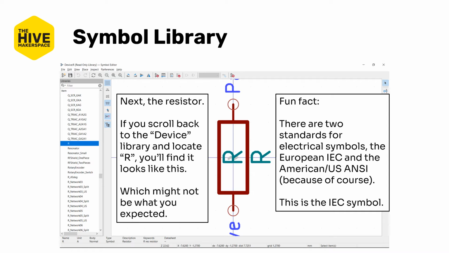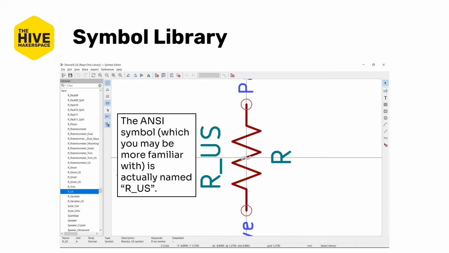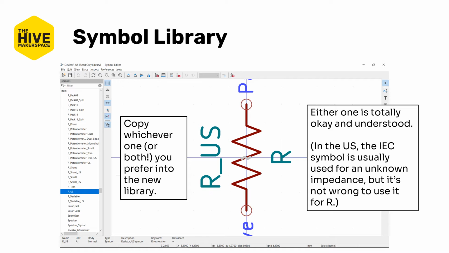This happens to be the IEC standard for resistor. In American nomenclature, this would be an unknown impedance symbol. The ANSI symbol that you might be more familiar with is actually called R_US. Copy whichever one you'd like or both into the new library, totally acceptable, and both are understood, especially when they have a little R as their name next to them.